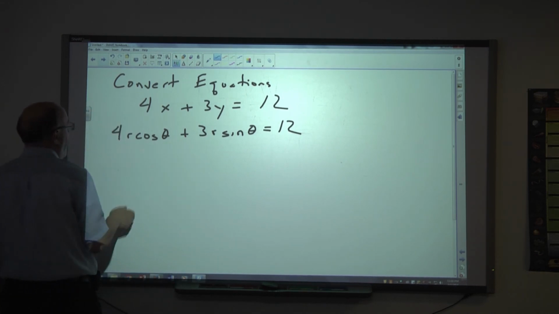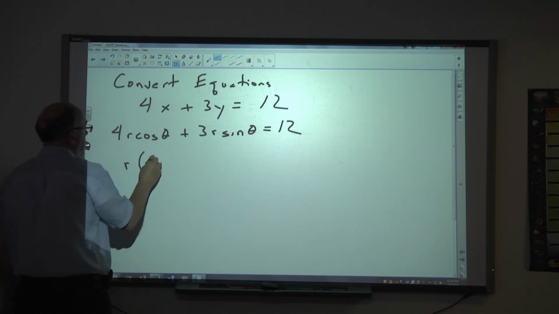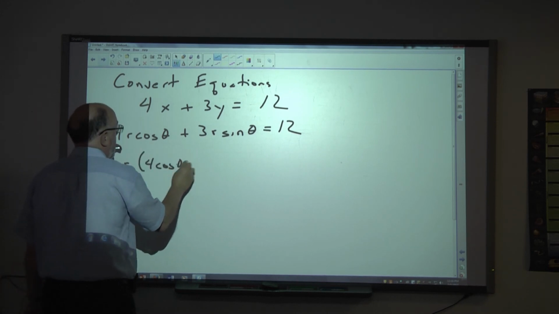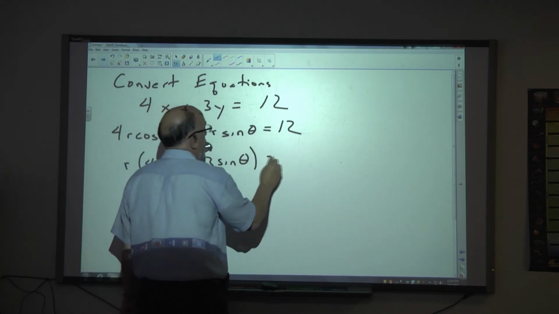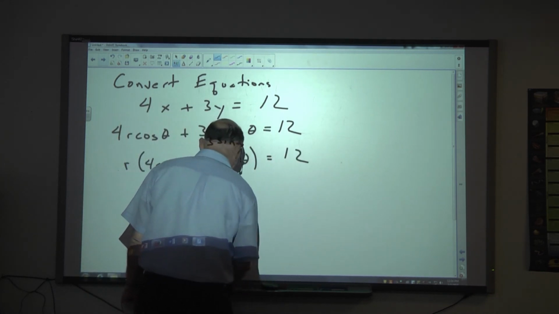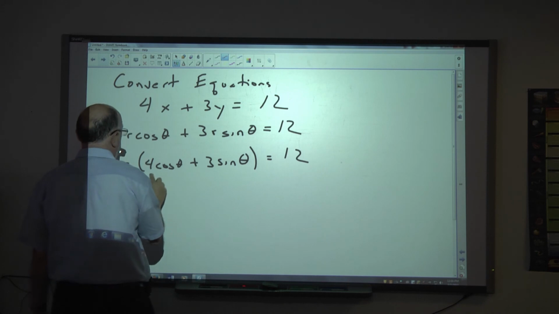So I can take an r out, and then divide both sides.